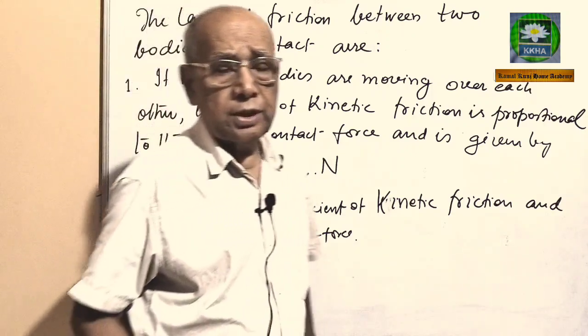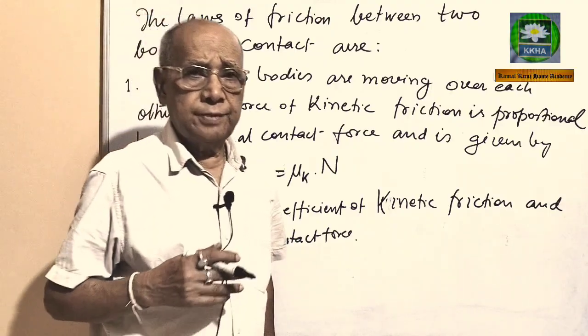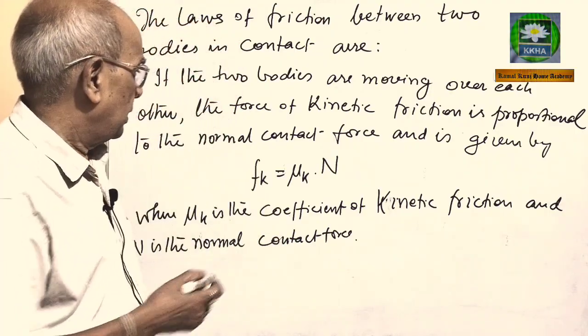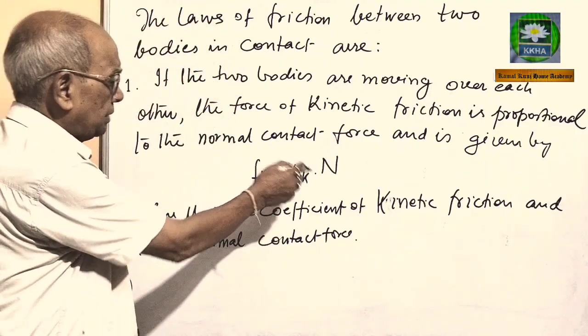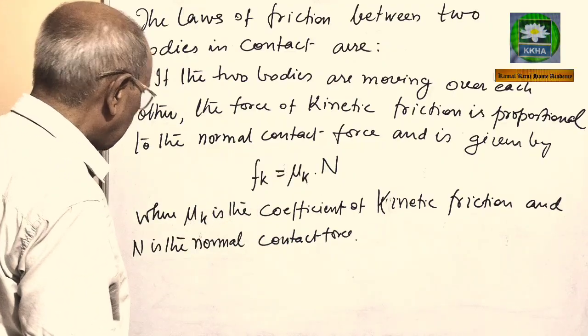This means if two bodies are moving over each other, the force of kinetic friction is given by mu k multiplied by the normal contact force.